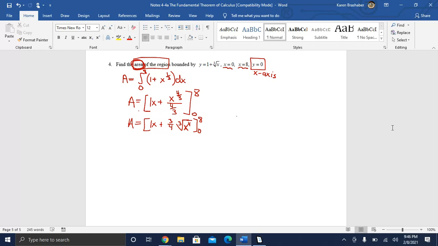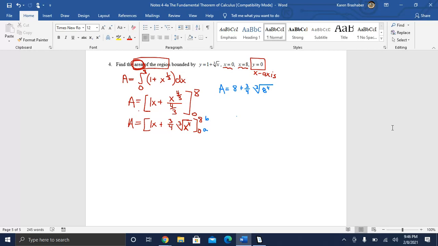So we'll plug in our b, which is 8, and then the a, which is 0. So the area will equal, all right, so 1 times 8, that's just 8, plus, and then it's 3/4 times the third root of our 8 to the 4th power.